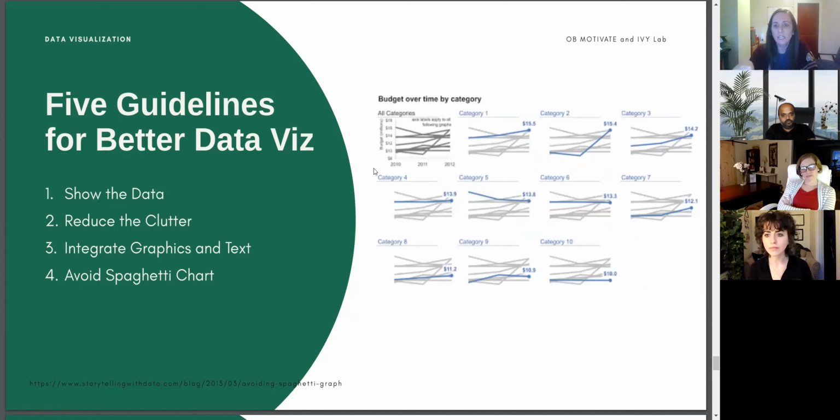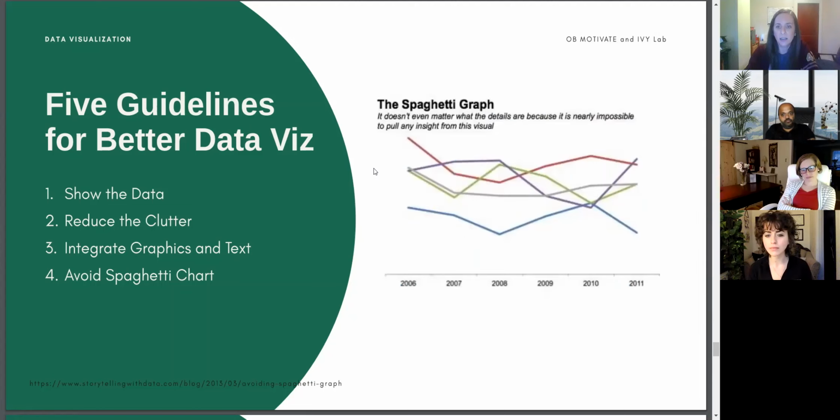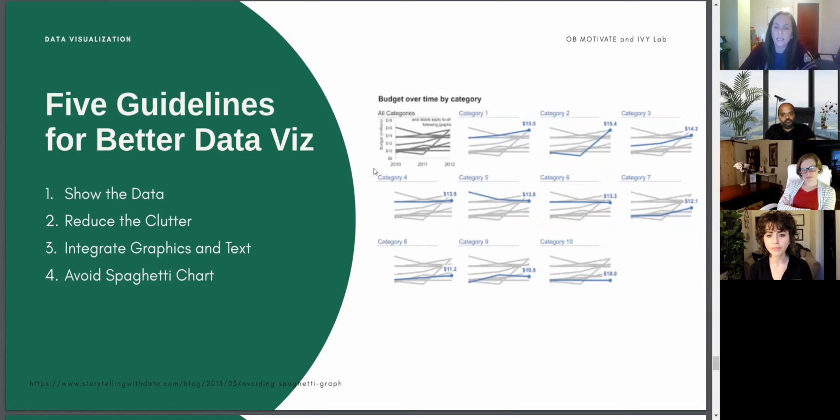So each of these charts is the same set of data, and it's broken out by each category, where again, they've used saturation to make all of the other data points recede into the background, and then use blue to make each individual category pop on its own, so that you can tell easily that there hasn't really been a whole lot of change over time in whatever this budget is, with the exception of category 2, which has increased considerably. So that is a great way to deal with the spaghetti plot.